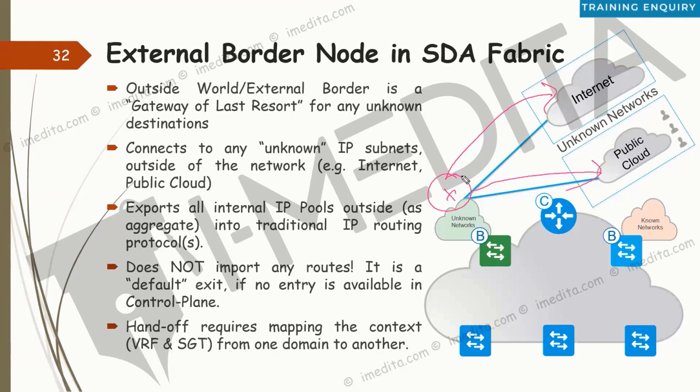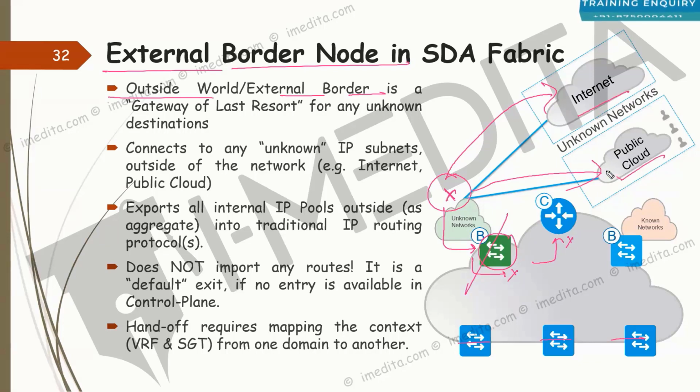But even if, let's say, this router is receiving all the routes from the outside network and the routes are getting advertised to this border node, it is not going to import them. It will not import external routes into the SDA domain. This external border node is the gateway of last resort for these devices to reach any unknown destinations.